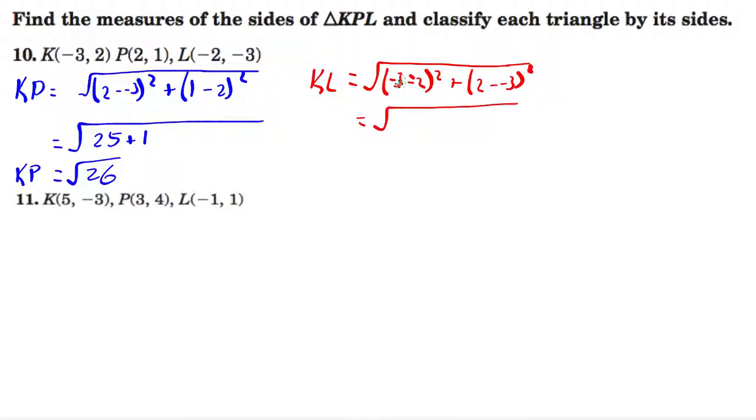So we get negative 3 minus a negative 2, which is really negative 3 plus 2, so that's 1, plus 5 squared is 25. So we get that KL is equal to root 26.